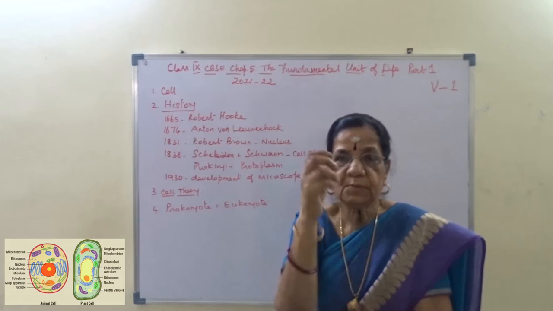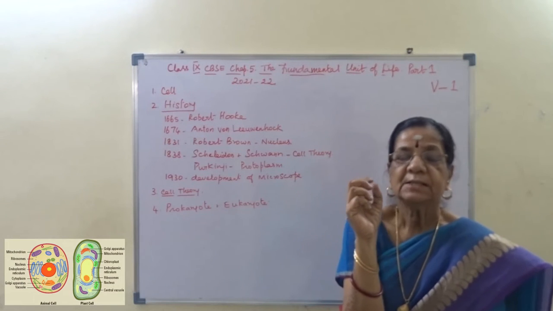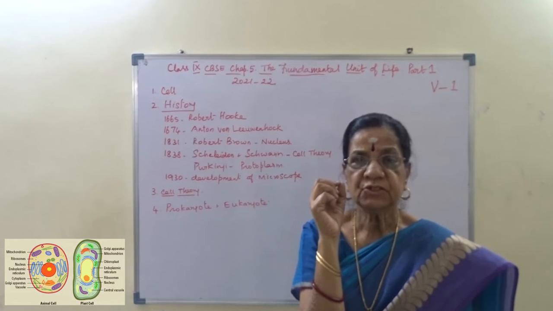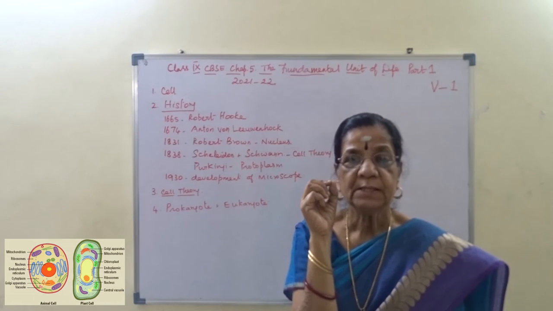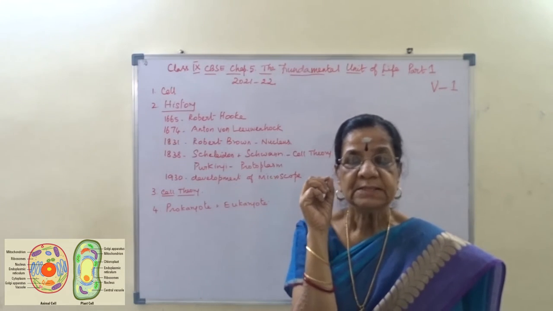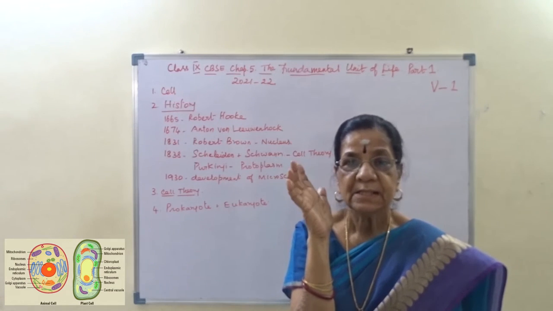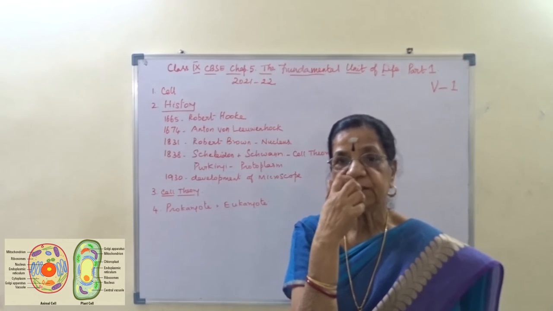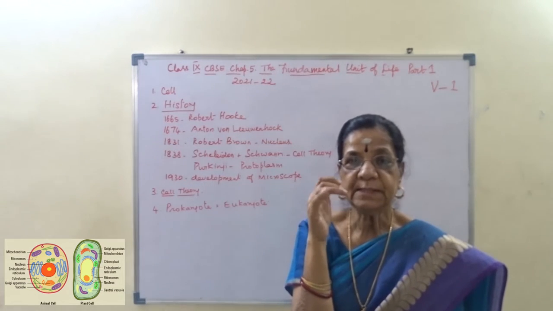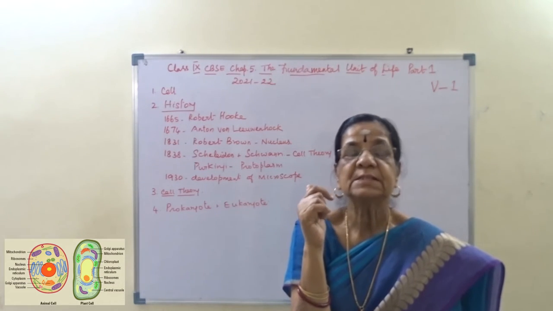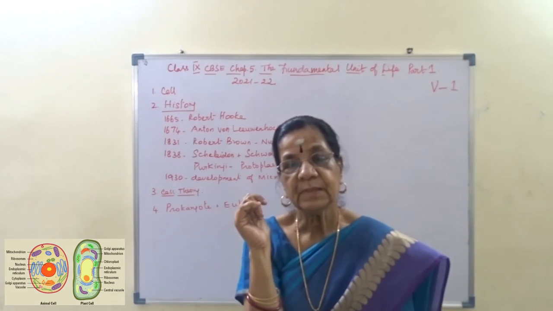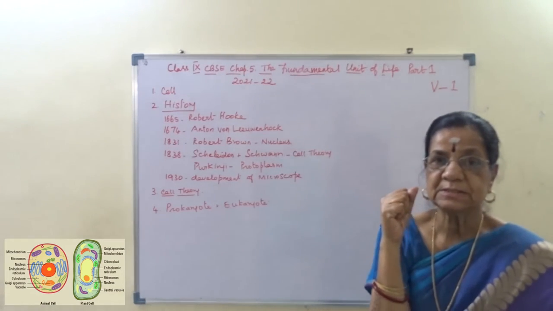That small piece of skin, when you see it under the microscope, we find some structures, that is cell. So cell is the structural and functional unit of life. It is the building block, otherwise we say like that. I hope you understand.